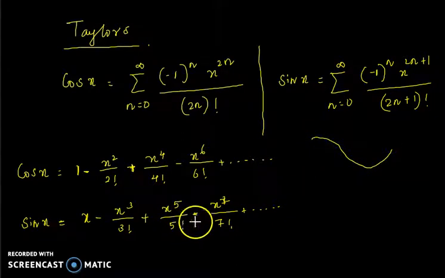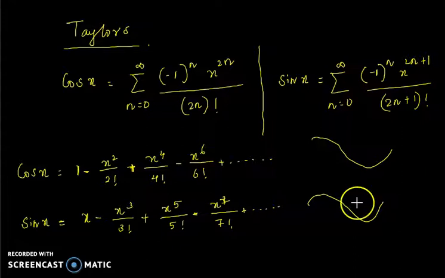And does this one produce a sine wave? Now I'm going to check whether the sum of infinite terms produces a sine function and a cos function. I'm going to do this by plotting the function using a graph.